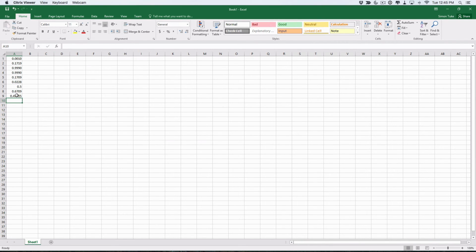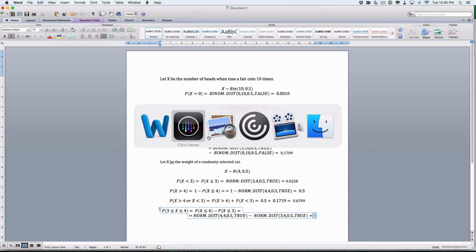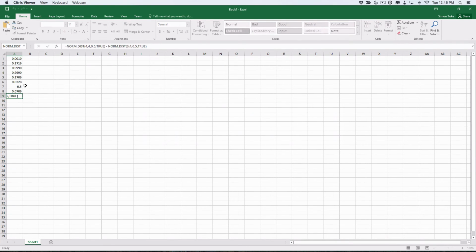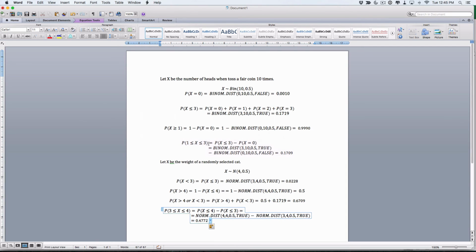There you are. So we've got our working. And then we've got our, let's put this at 4 decimal places, our calculation. Lovely.